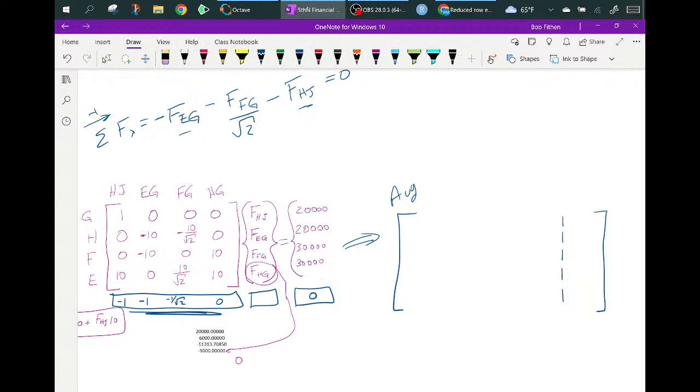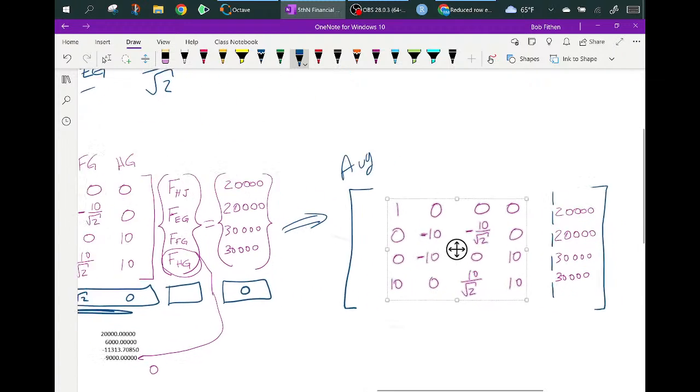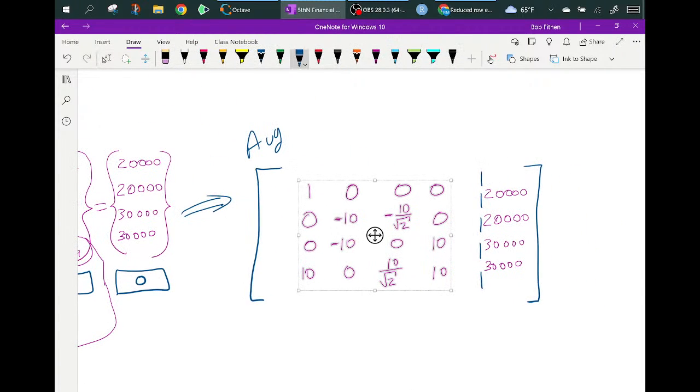I'll copy this and paste it, and it gets moved to the right, and then the matrix itself gets done like this, copy here and paste, and it gets written like that. Now the benefit of the reduced form, for doing it by hand, is you do an operation.